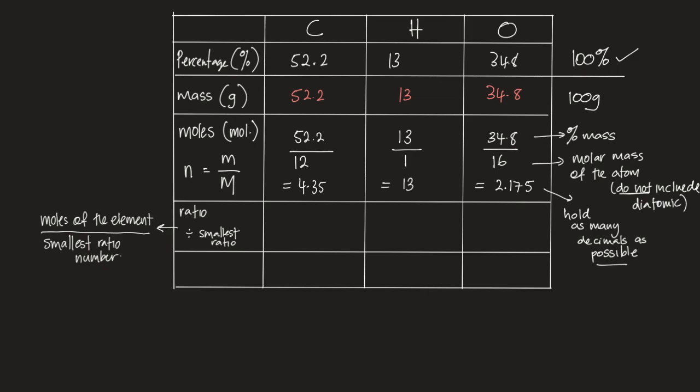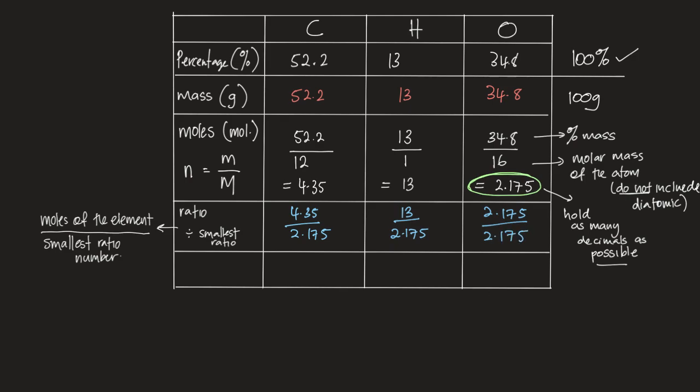So if I'm looking at all of these ratios here, the one I can identify as the simplest ratio is 2.175. So all I do is I take each of my ratios, so 4.35 divided by 2.175, I go 13 divided by 2.175, and I go 2.175 divided by 2.175.